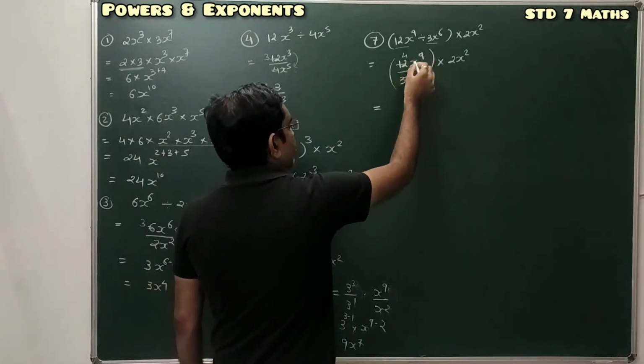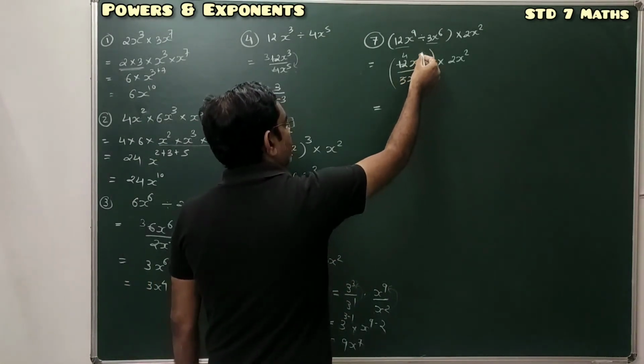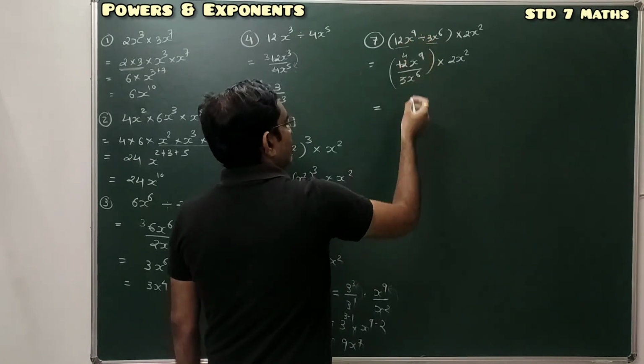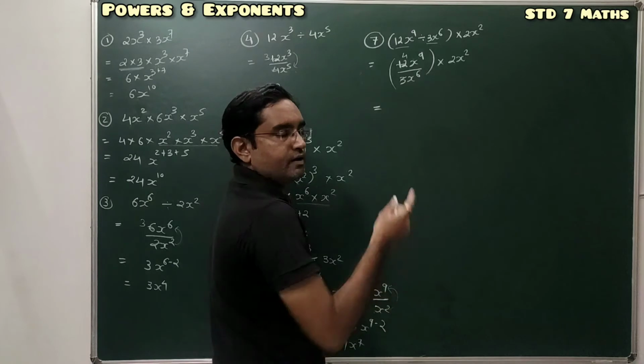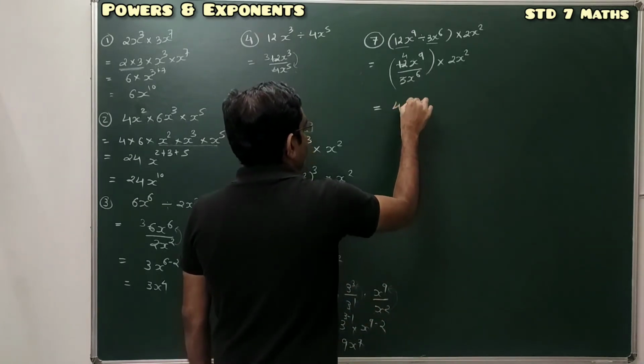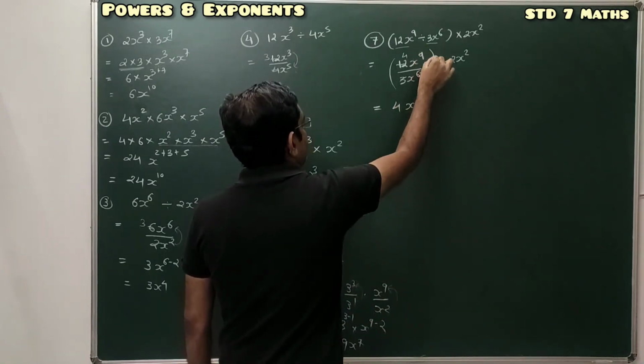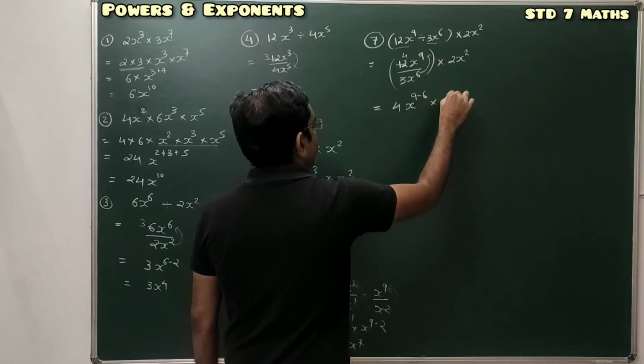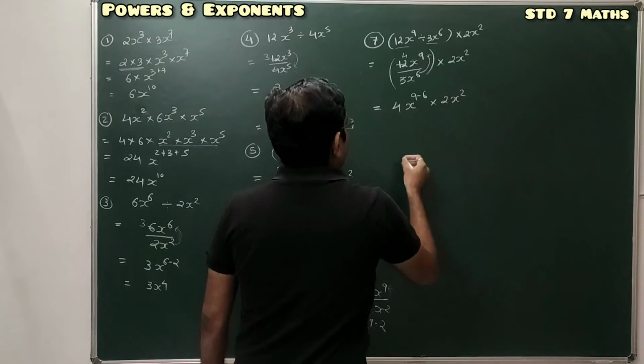These 2 powers are in division, same base, so we can perform the subtraction of these 2 powers. Power of numerator is greater than power of denominator, so we will perform subtraction at numerator. So it's 4 into x raised to 9 minus 6 into 2x square.